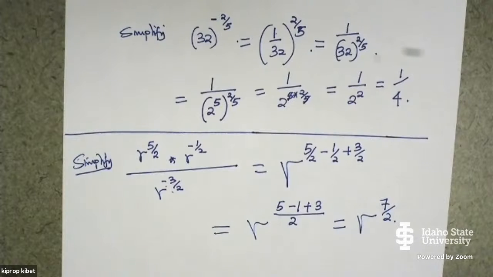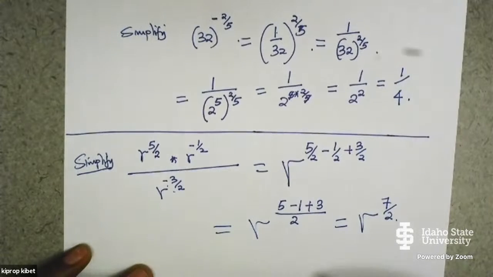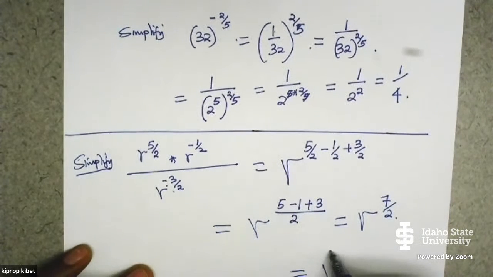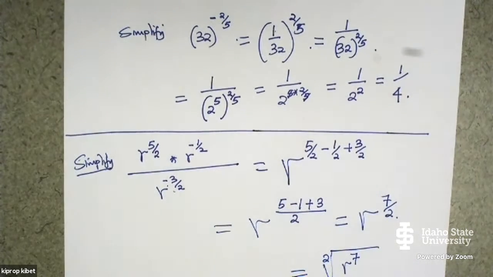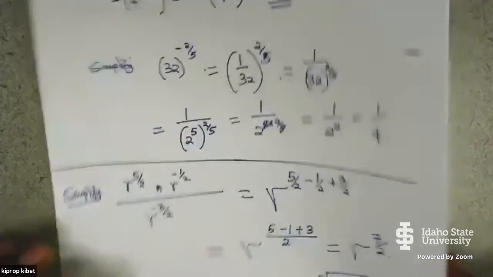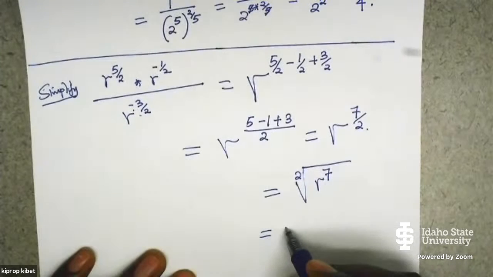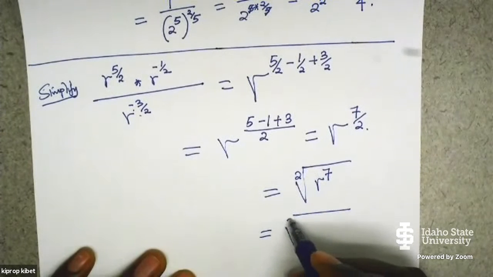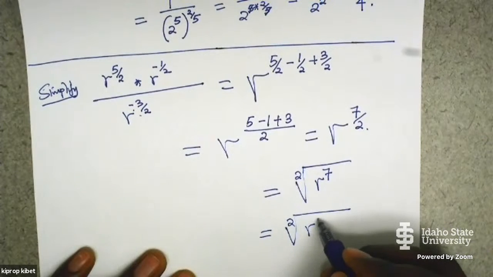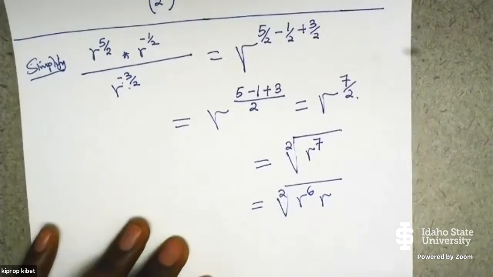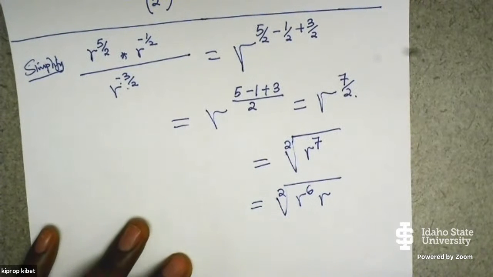In radical form, that is similar to the square root of R to the 7. Like that. Or you can still simplify that. If you still simplify that, then this is similar to the square root of R raised to 6 and then R, right?